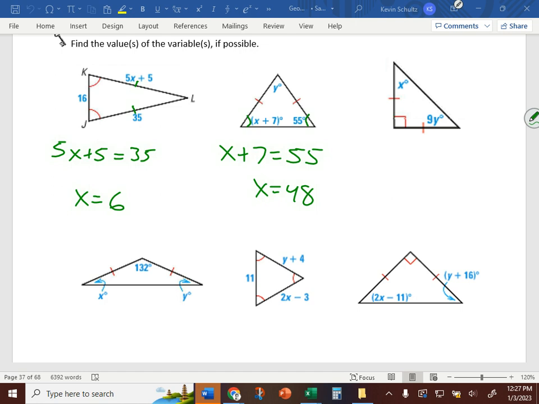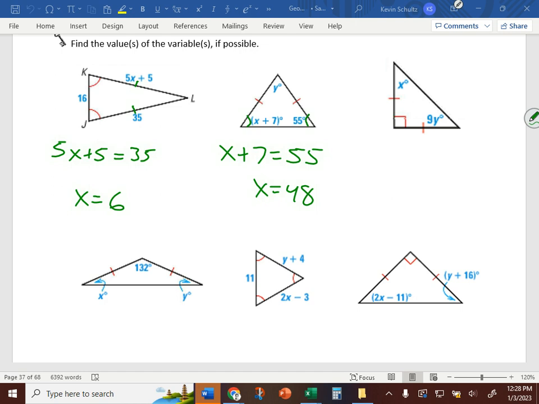Go ahead. Multiply 55 by 2, which is 110, and then subtract it from 180, which is 70. We wouldn't even necessarily need to solve for x first to find y, right?